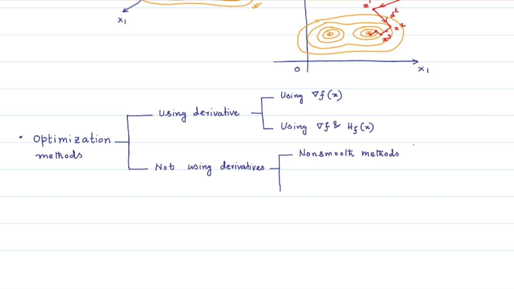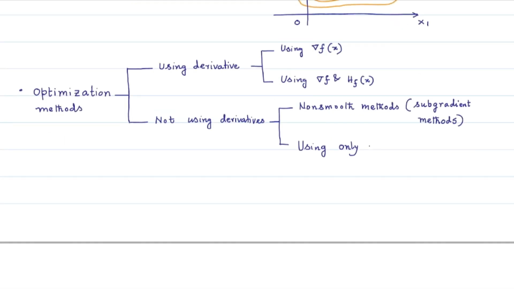So in the non-smooth methods, we broadly keep the subgradient methods. Subgradients of a function are those vectors which mimic the gradient of the function f. And in the second kind, no derivative or subgradient is used.